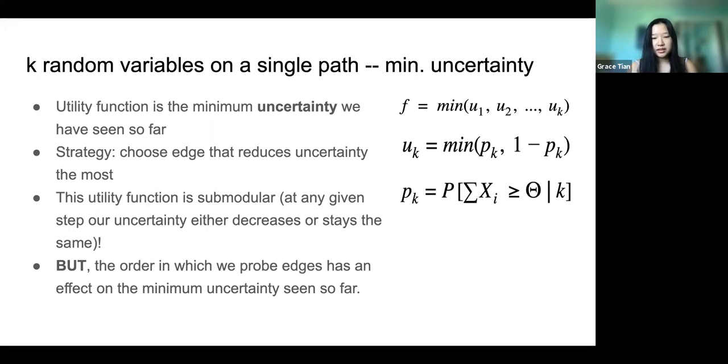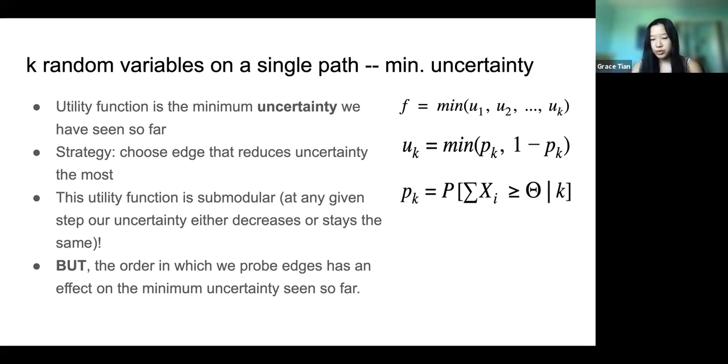So knowing that using uncertainty as our utility function is not submodular, we looked at using the minimum uncertainty over all the edges we have seen so far. The strategy is the same. We choose the edge that reduces uncertainty the most. However, this utility function is submodular because at any given step, our uncertainty either decreases or stays the same.